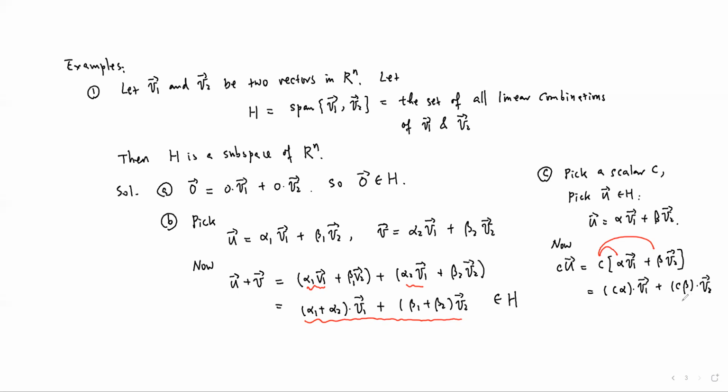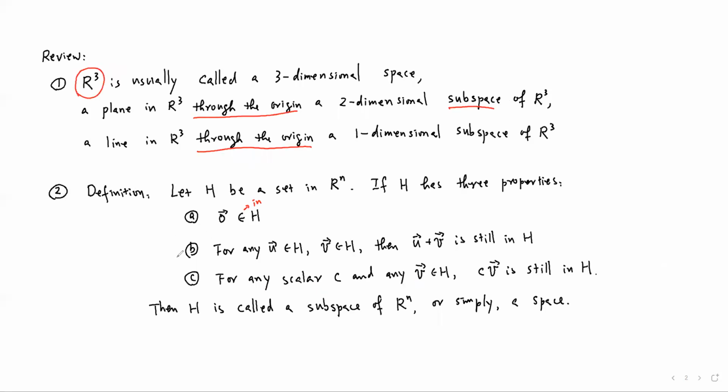See, this is a linear combination of V1 and V2. So inside the set H. Therefore, the three properties in the definition all are satisfied.